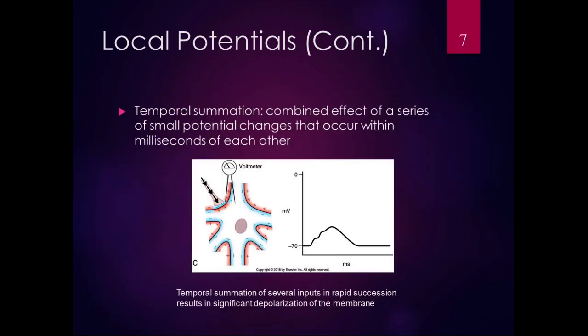Temporal summation is the series of small potential changes that occur within milliseconds of each other. So that particular receptor or synapse is being stimulated over and over again, and that's what makes it temporal. The same thing happens many times, versus a lot of things happening all at once. So spatial versus temporal summation. I hope that makes sense.